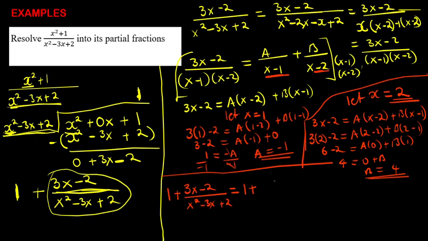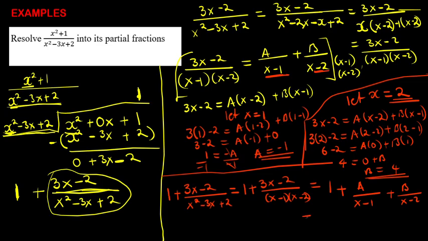We break it down to what? We break it down to (3x minus 2) over (x minus 1)(x minus 2), which resulted to be 1 plus a over x minus 1, then plus b over x minus 2.